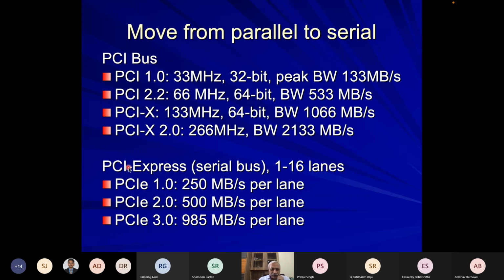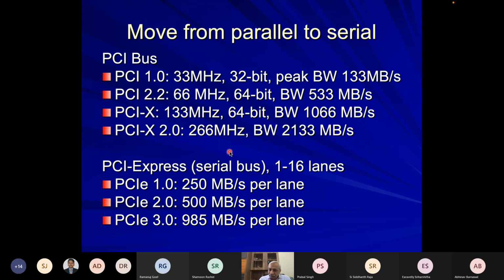Then a serial version of this evolved, which is called PCI Express, and it carries parallelism in a slightly different form. There could be multiple lanes, but each lane is independent. Let's say there is a PCI Express bus with 16 lanes. This is not the same as a 16-bit wide parallel bus.